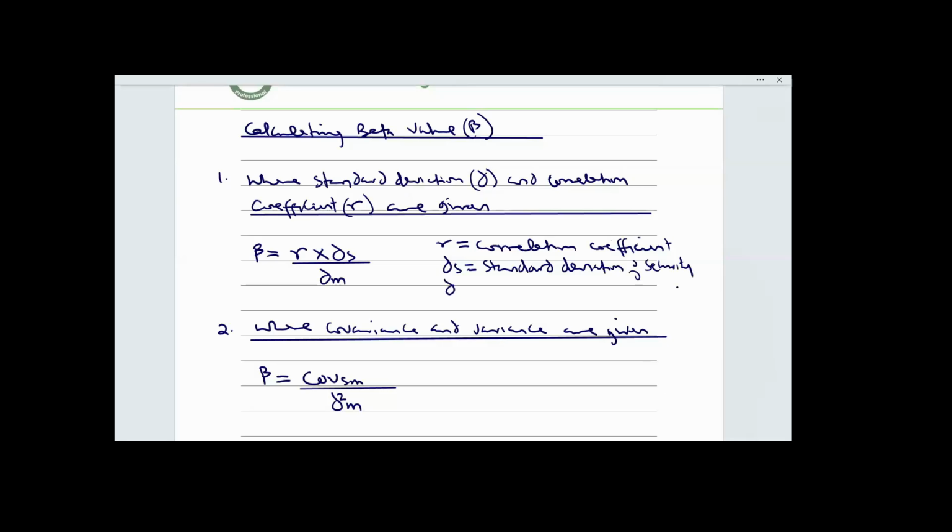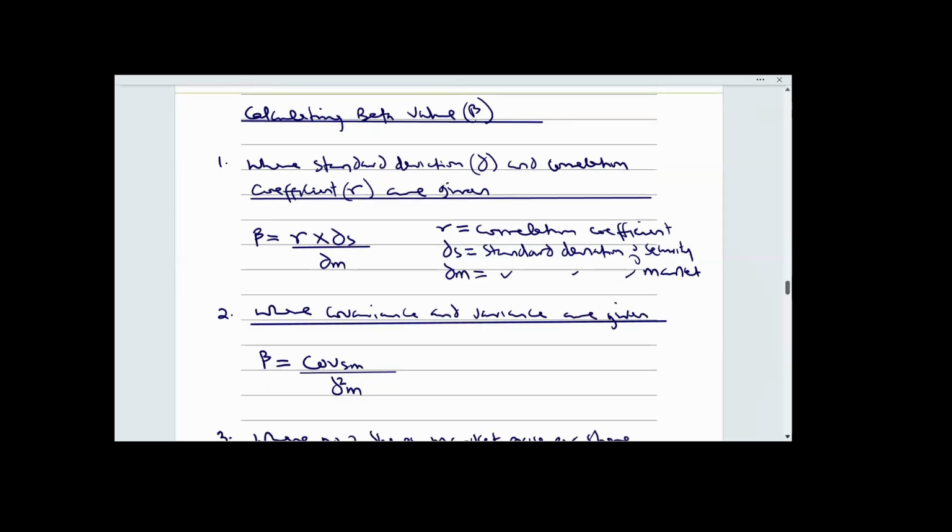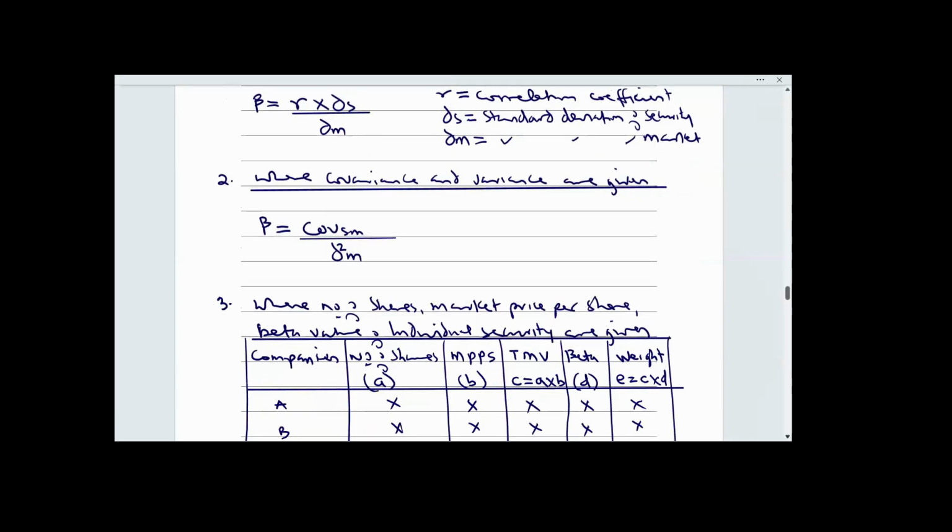Then DM, Simon, you are the one asking for DM. DM is standard deviation of the market. Next one, here, the covariance.